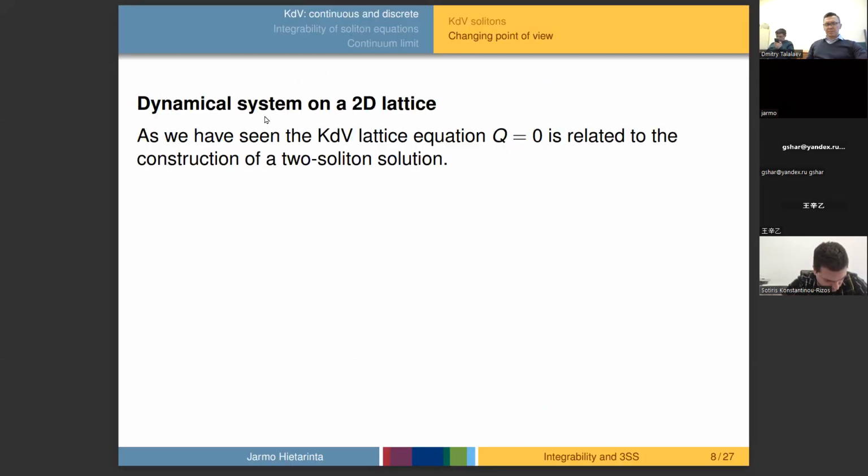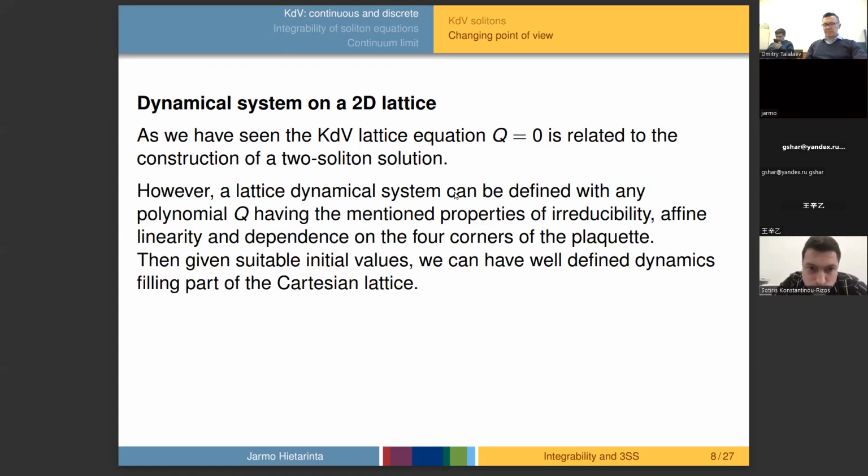Okay, so we have a dynamical system on a 2D lattice for any Q that is multilinear and irreducible and so forth. Previously we derived one example of Q by the superposition principle of two solutions.